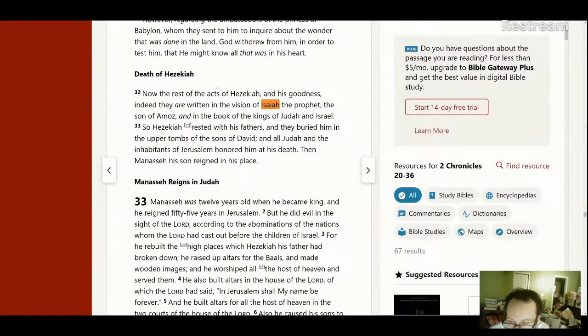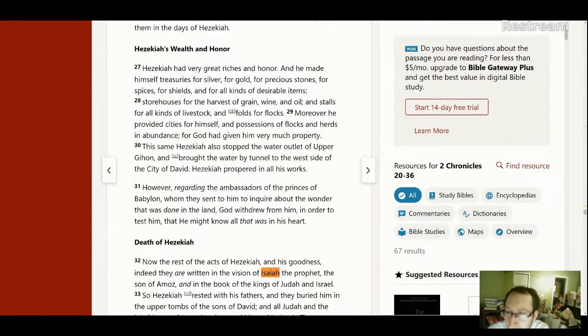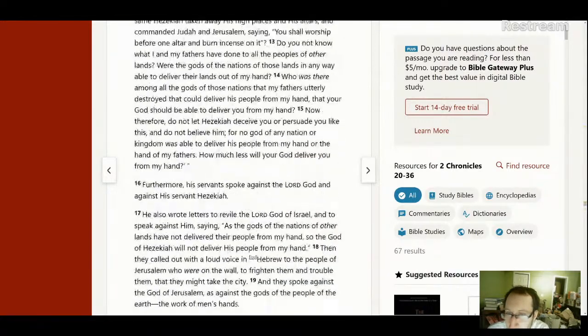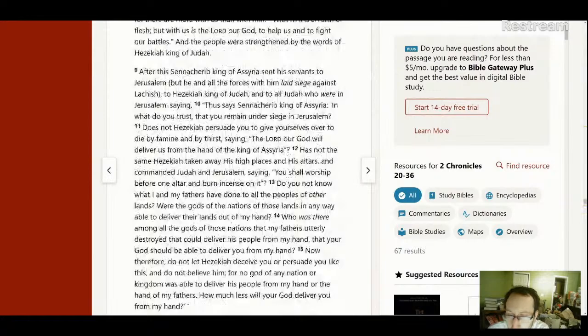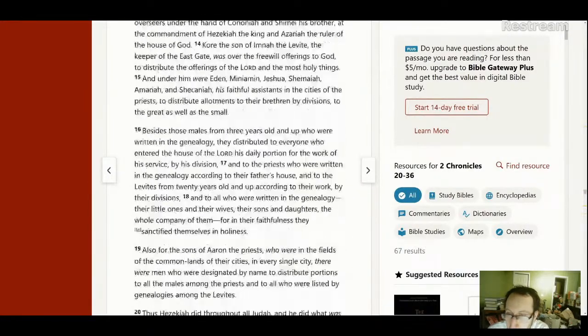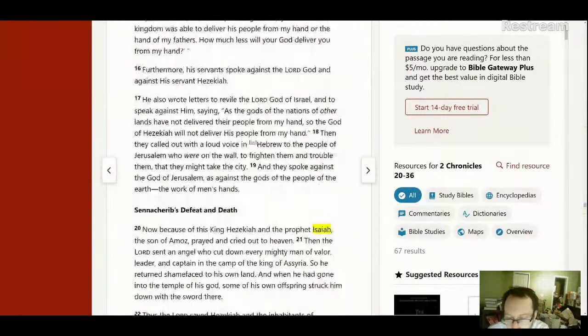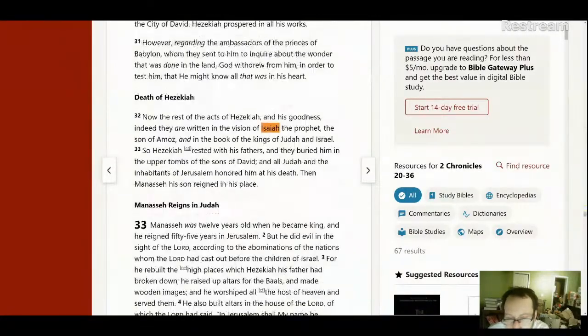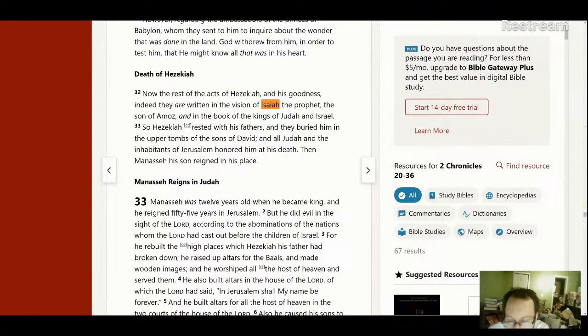So we see in 2nd Kings that it has the entirety of those chapters about Isaiah, but Chronicles is telling us that the rest of the acts of Hezekiah are written in the books of Kings and in the book of Isaiah.